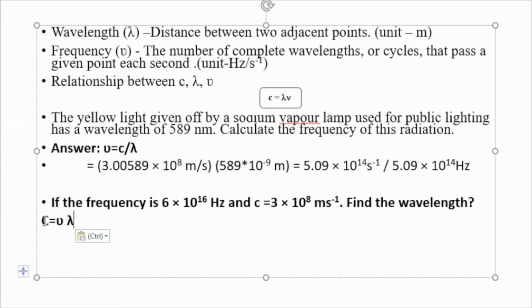Okay, this is the equation. First we need to make, because they are asking the wavelength, no?